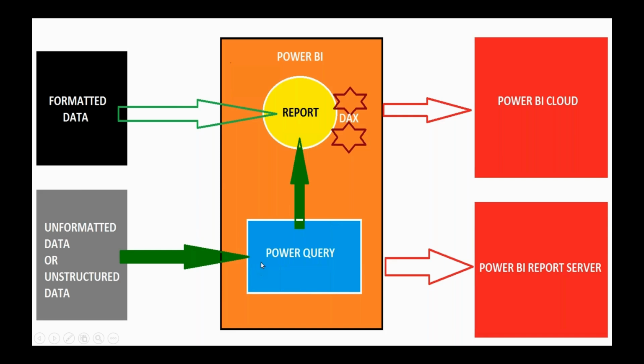Apply required formatting settings. The result will be formatted data ready for reporting. To these reports, we need to apply extra calculations called DAX, Data Analysis Expression Language. From there, we give it to cloud or report server.